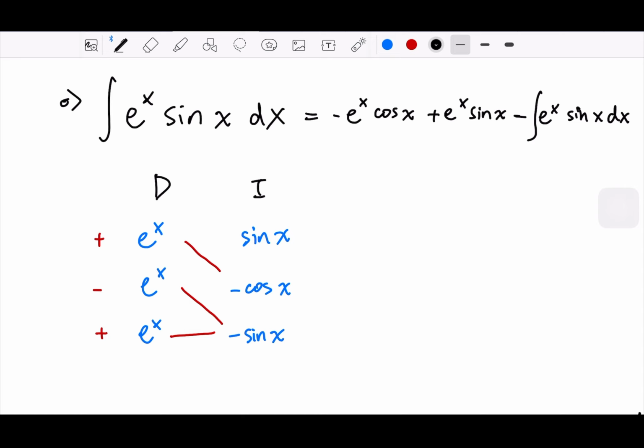Okay. And now, this is the beautiful thing in this type of case. You will see this, and you will see this, the same integral. So we can move this part over to here, and the plus becomes 2. Okay? And then we divide everything by 2, and we get the answer. So let's do that.